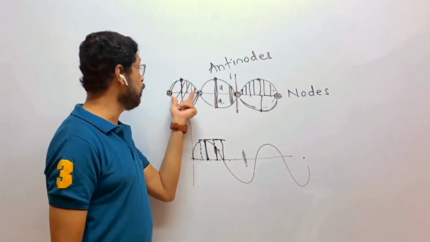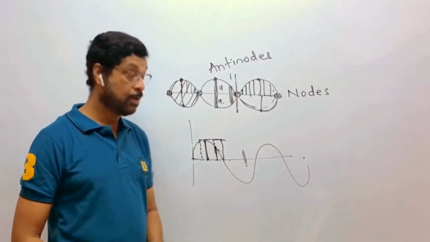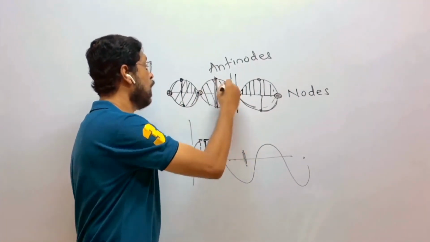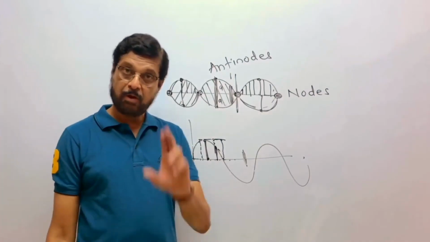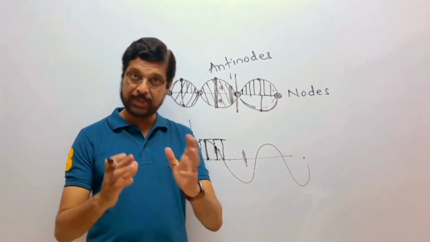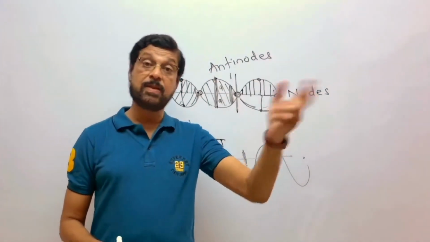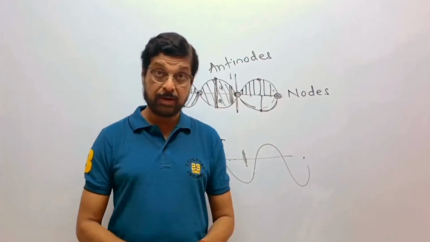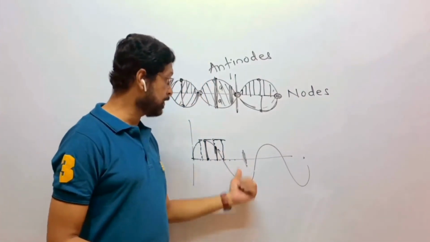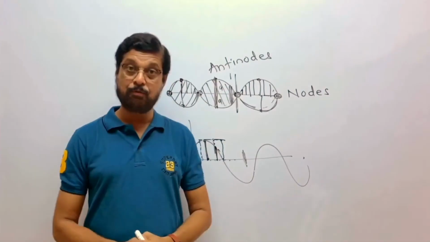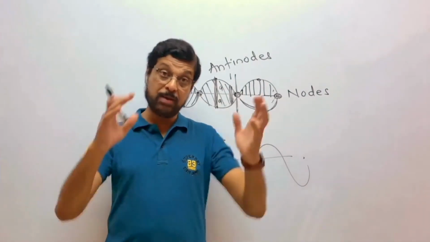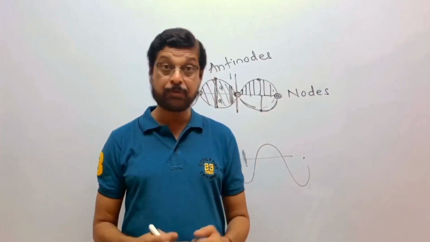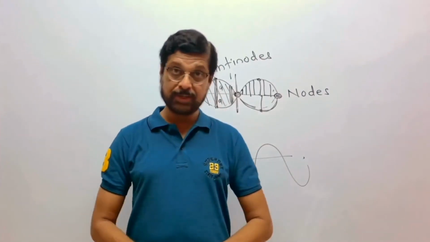All the particles in one loop are having same phase, and the particles in the next loop are in the opposite phase. Third big difference between progressive wave and stationary wave. There is one more point of difference, very important, but that we shall see after going through the equation of a stationary wave.